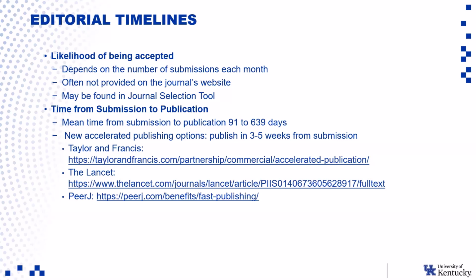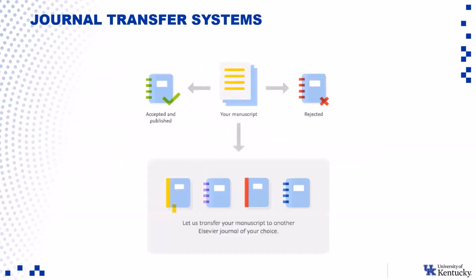It's really good to know these timelines and be aware of them. If you're trying to publish quickly, or if you have a deadline, these things need to be taken into consideration when you're selecting a journal.